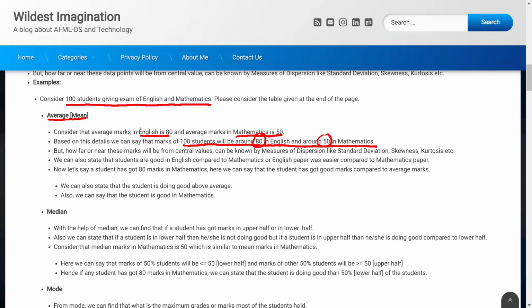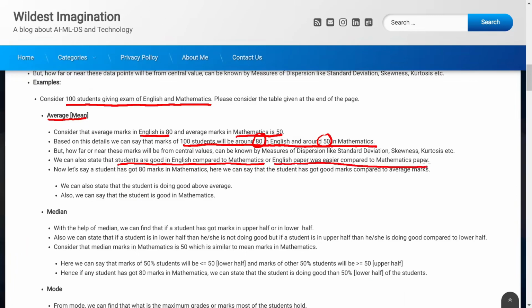Now, based on these mean values or average marks of English and mathematics, we are comparing two different groups, English and mathematics. Based on these average marks, we can say that students are good in English compared to mathematics. Or another interpretation is that the English paper was easier compared to the mathematics paper.